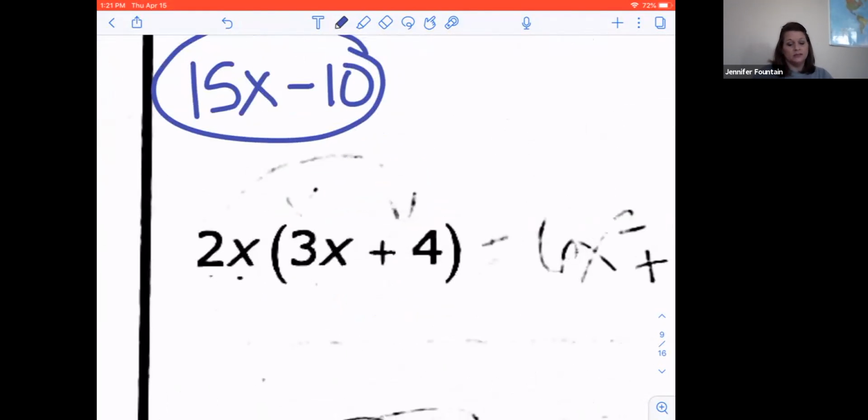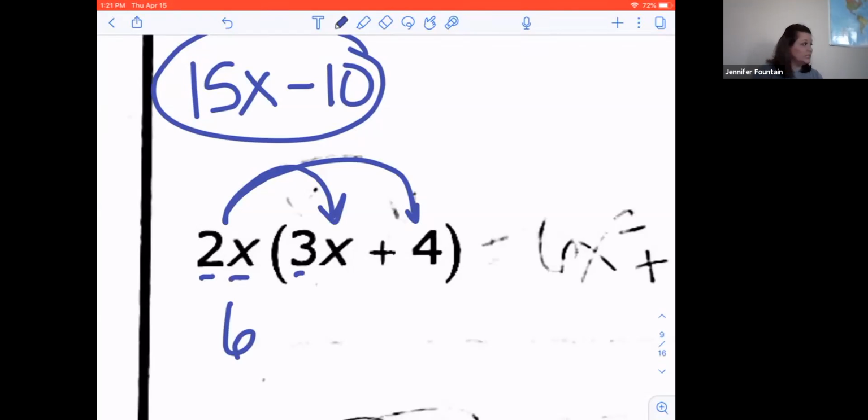Same thing here, 2x times 3x. Now this is where we have to think about when we learned about multiplying monomials. I said, okay, I'm going to multiply 2 times 3 first. That will be 6. But now I've got x times x. Remember, this is where I think about my exponents of 1. And when I multiply variables with exponents, I add the exponents.